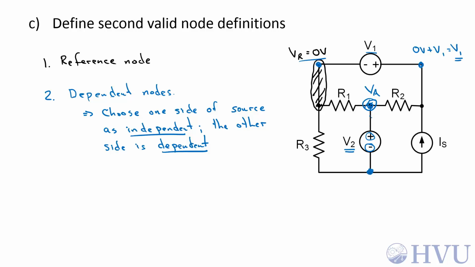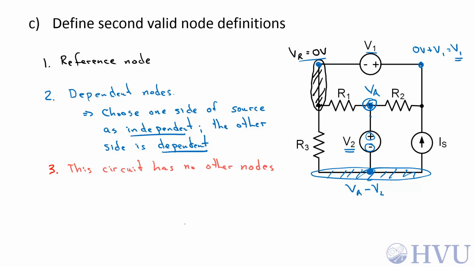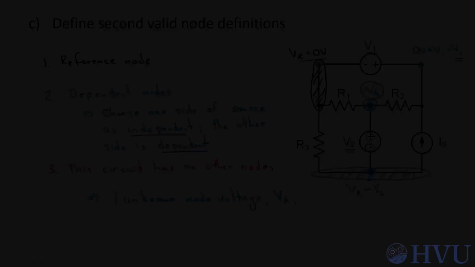That means that VA is V2 volts above this voltage, so this voltage down here is V sub A minus V2 volts. Finally, any remaining nodes are independent, but this circuit still has no additional nodes. If I check my unknowns, VA is the only unknown voltage, so this circuit still has one unknown node voltage, and that variable name is V sub A.